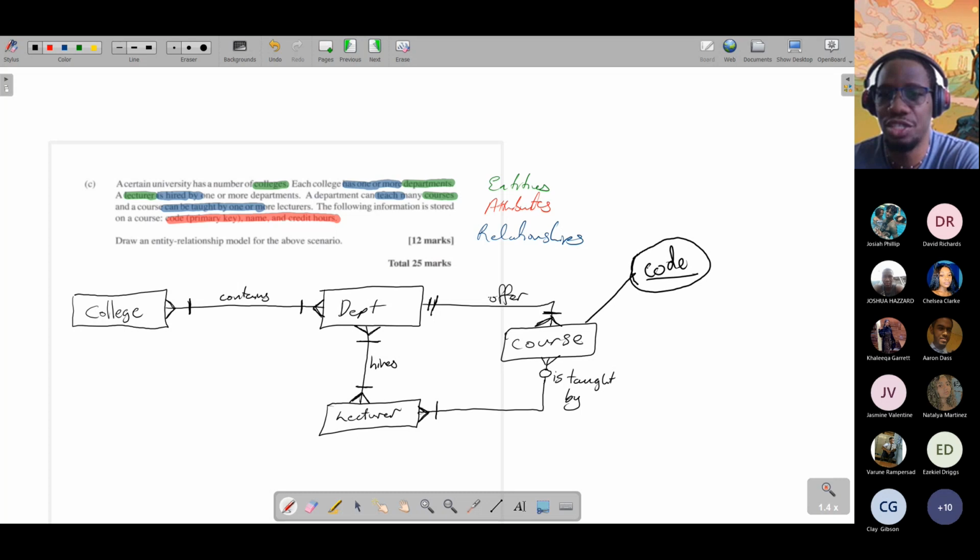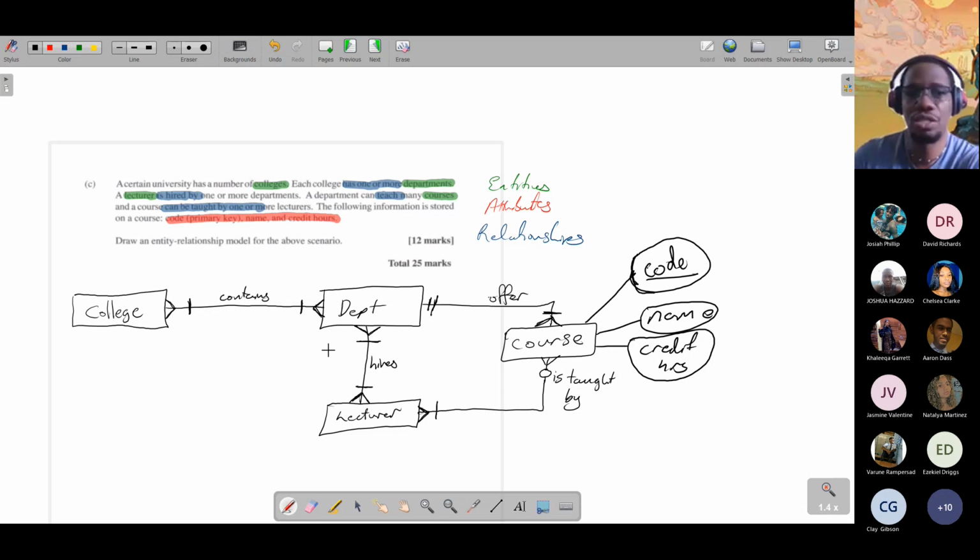And remind me next class to go through attributes representation with you all. A course must have a name, and a course must have credit hours. So these are the 3 attributes that they've asked us for here.